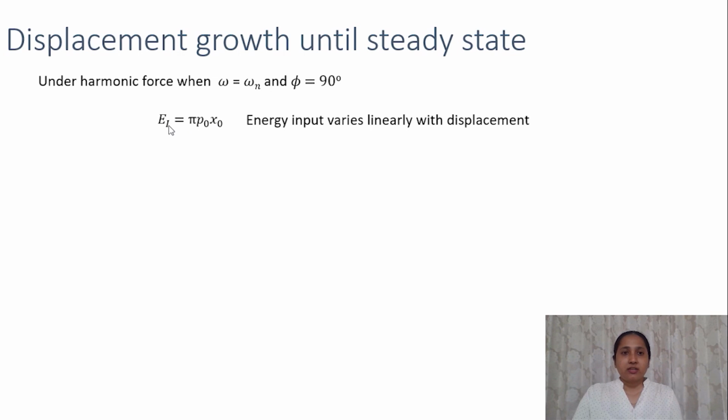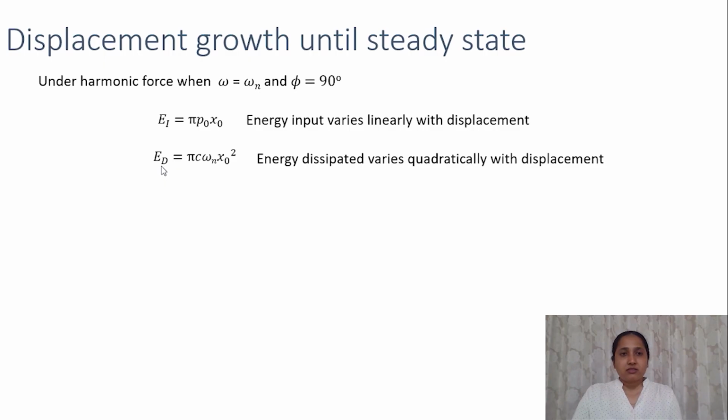The input energy in the system when omega is equal to omega n and phi is equal to 90 degrees is equal to pi p naught x naught, where x naught is the steady state amplitude of the system. From this expression we know that the energy input varies linearly with the displacement.